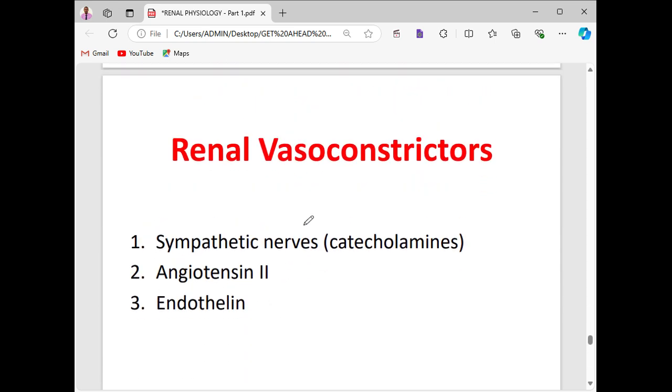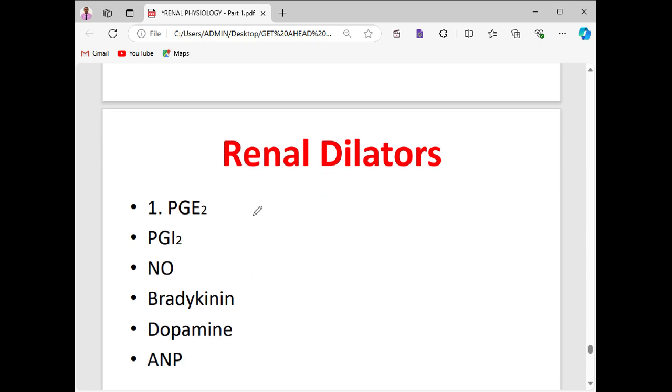So these are just some things to help you master these things. When we talk about vasoconstrictors, these are vasoconstrictors that we have. Then dilators, these are dilators.